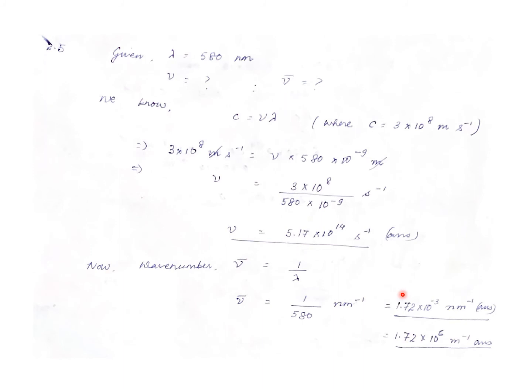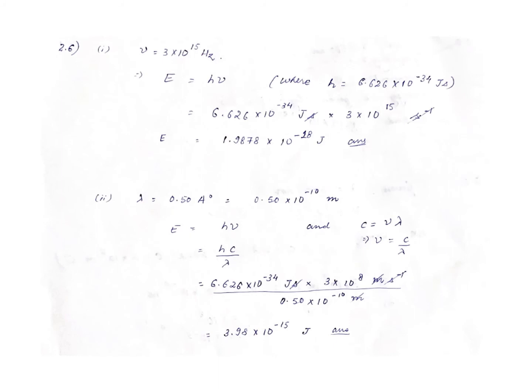The wave number is nothing but the reciprocal of the wavelength, and the wavelength is directly given in the question, so you just have to divide like this, 1 upon 580 nanometer inverse. That gives the answer as 1.72 into 10 to the power of 6 per meter. I have converted nanometer into meter by simple mathematical calculation.